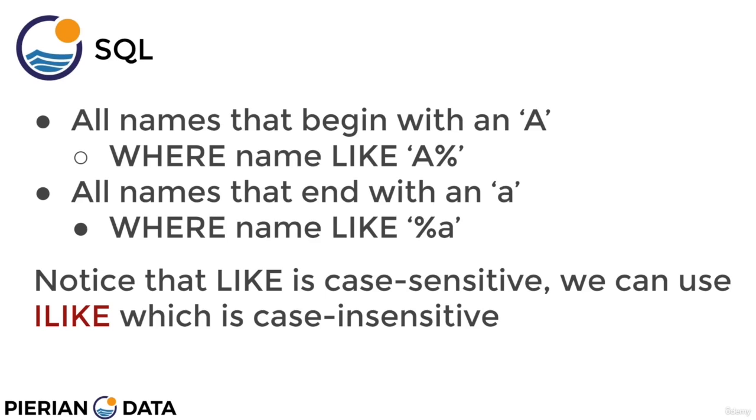Then we could do something like all names that end with a lowercase a. So we start off with the percent sign and end with a lowercase a, essentially saying any sequence of characters can come before that lowercase a. Notice I've been saying uppercase or lowercase, and that's because LIKE is case sensitive. However, you can always use ILIKE, which is case insensitive.